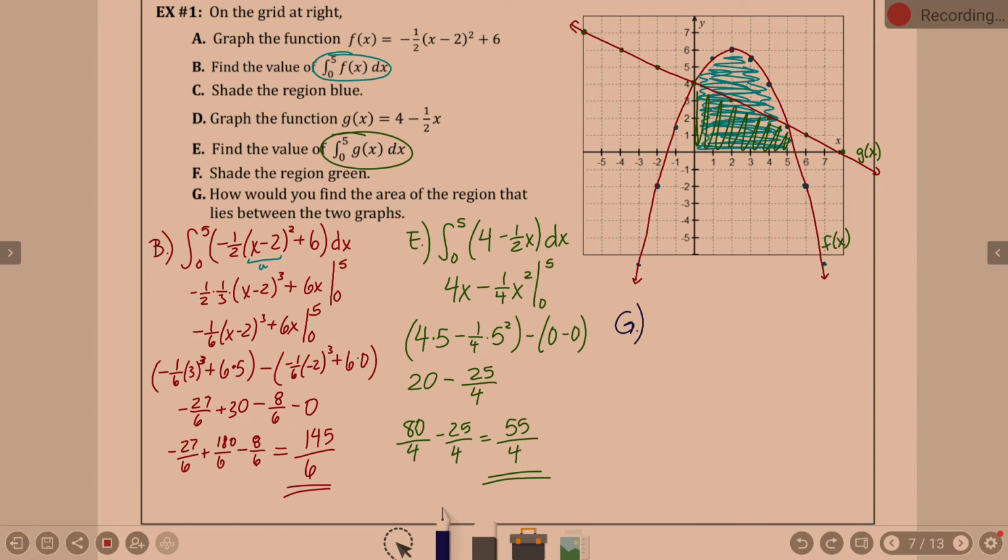We're trying to find that piece up there, yes? If that makes sense. Okay, so how would you find that? You would subtract. I'm trying to think, yeah. The area of f of x minus g of x on the interval from 0 less than or equal to x less than or equal to 5.